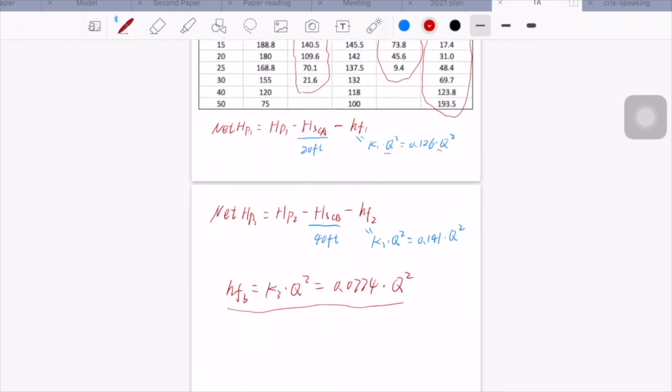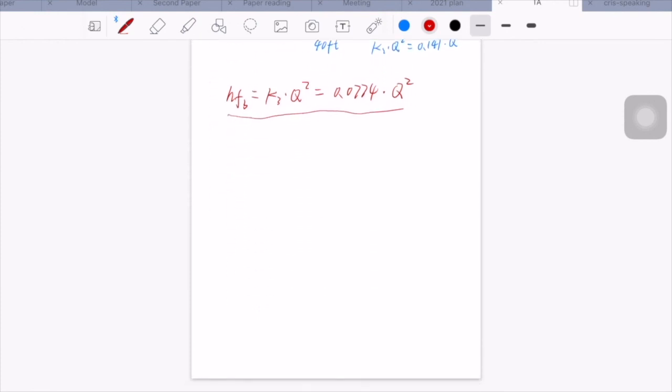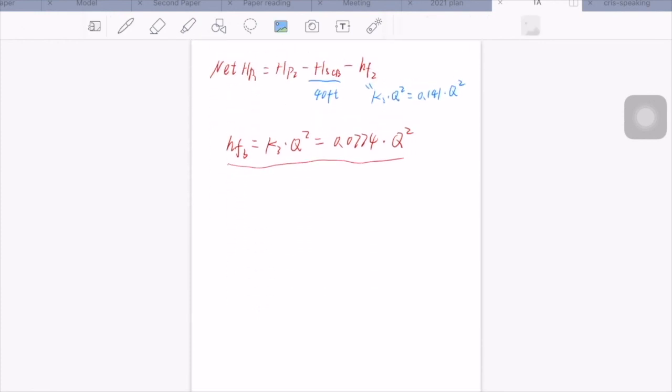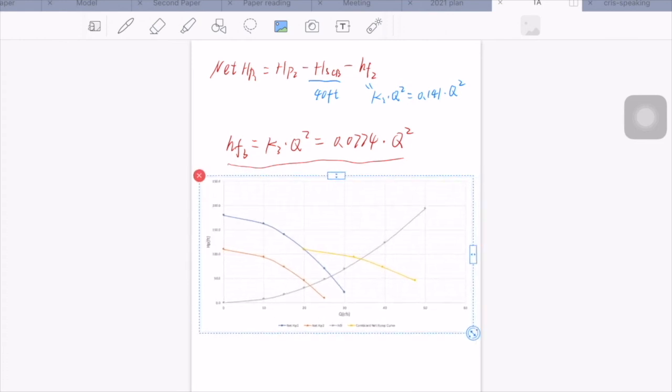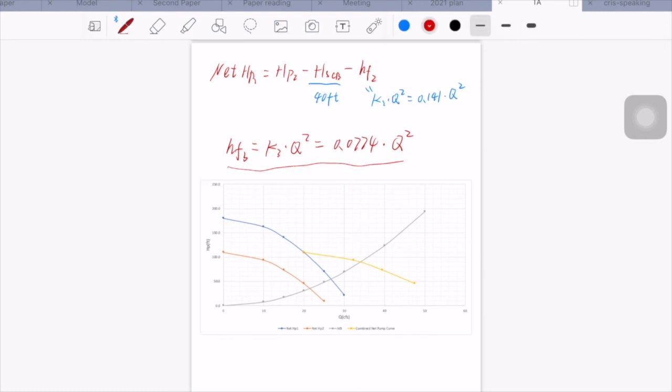And then we plot the data in a figure like this one. The blue curve is the net HP1, the orange curve is the net HP2, and the gray curve is the friction loss HF3 in pipe 3.